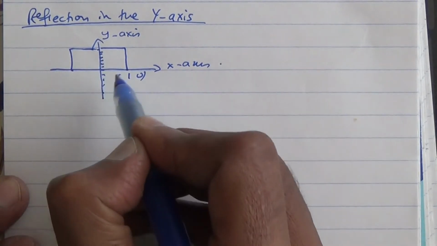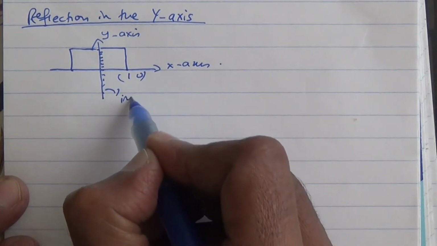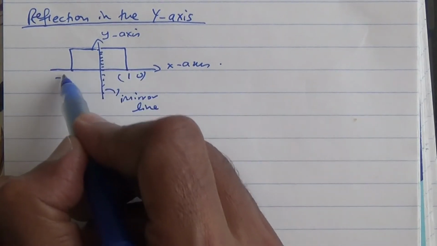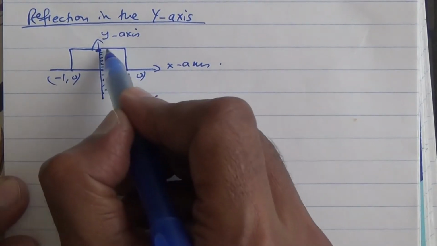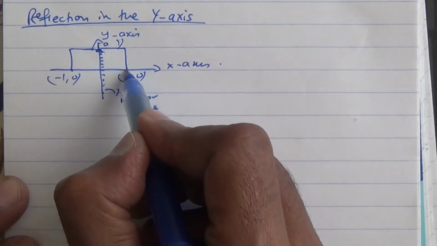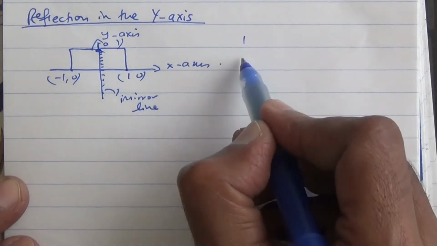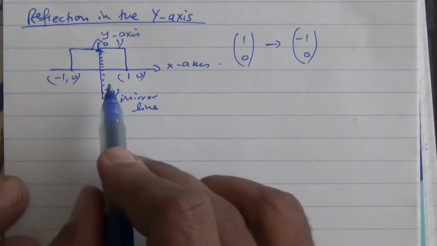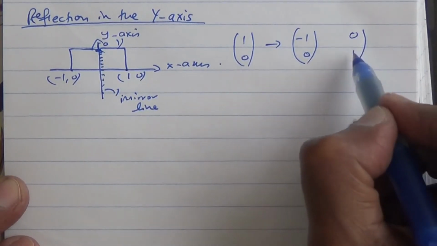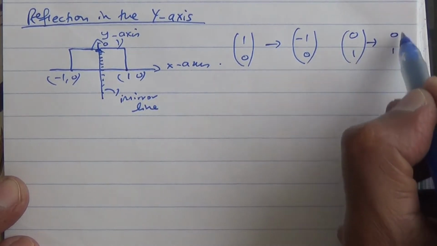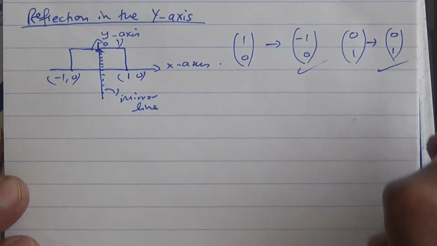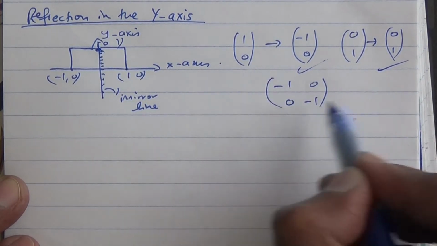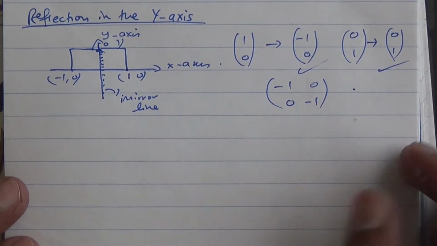Here, this is your mirror line, and now this becomes minus 1, 0. And this remains there as 0, 1. We look at x first. This one is reflected, so 1, 0 goes onto minus 1, 0. At the same time, 0, 1 remains invariant. It doesn't change. So the resulting matrix is minus 1, 0, 0, 1. This is how you pull out the matrix for reflection in the y-axis.